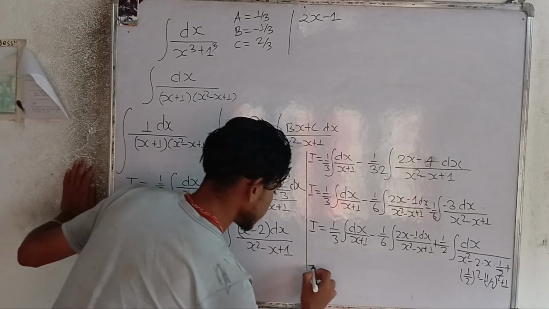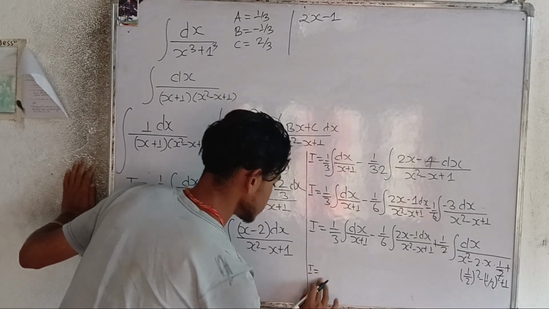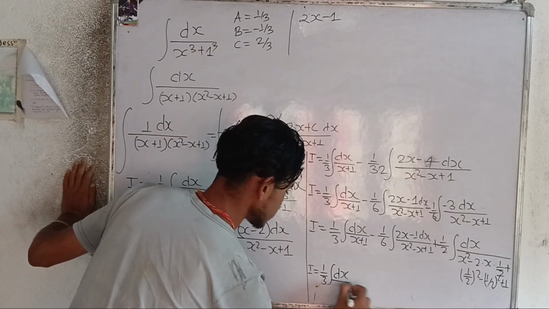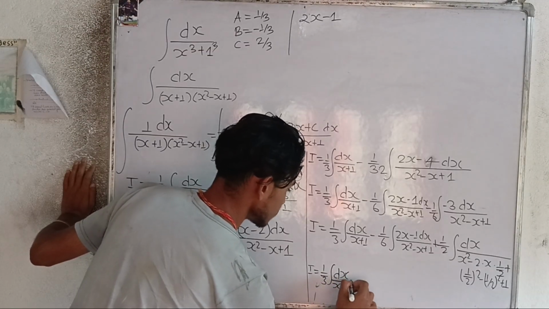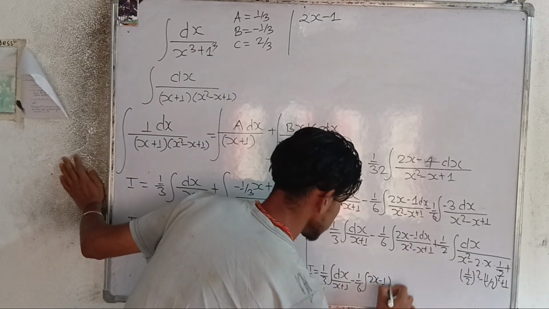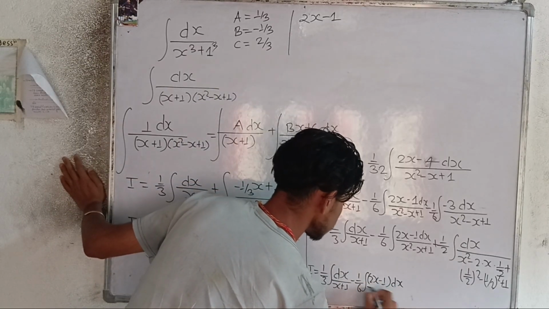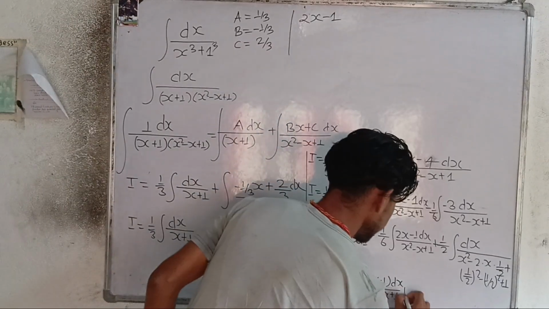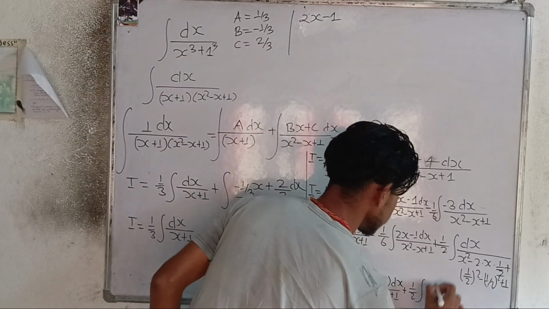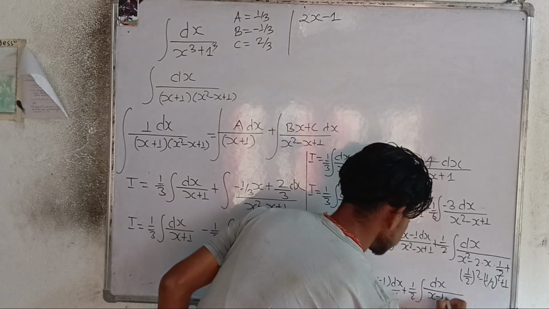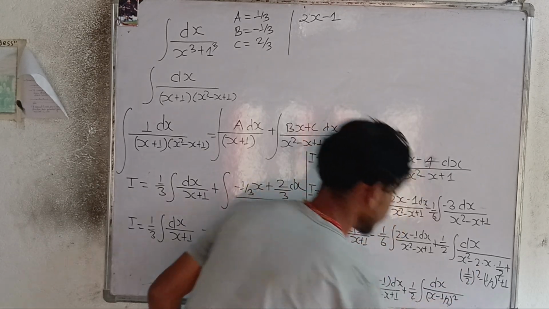Okay, so I get I is 1 over 3 integral dx over x plus 1 minus 1 over 6 integral 2x minus 1 dx over x square minus x plus 1. Okay, and I got plus 1 over 2 integral dx over x minus half squared, right?